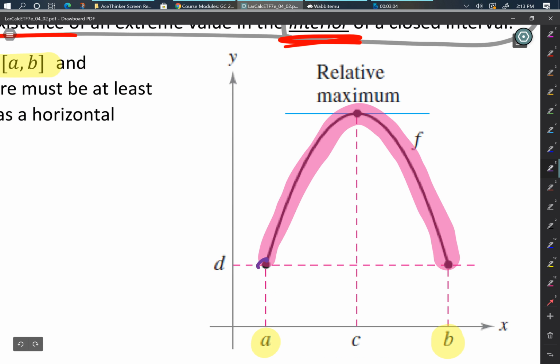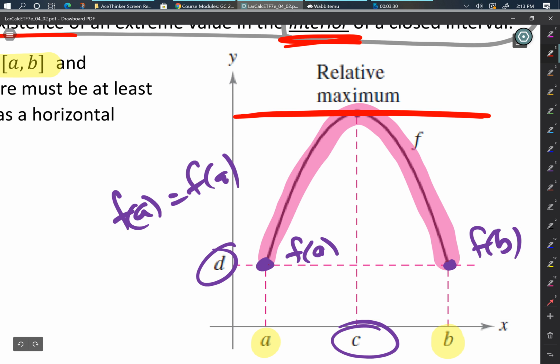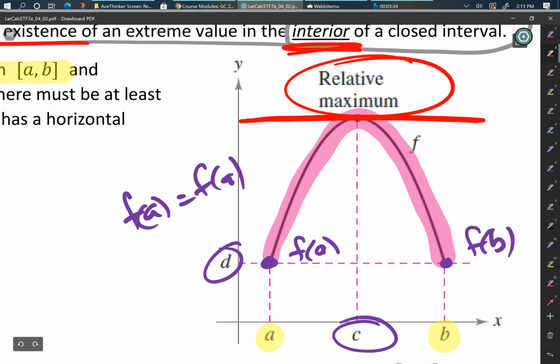And the starting point, the f of a value, and the ending point, the f of b value, are the same. If that is true, then somewhere between a and b, in this case we're calling that letter c, you're going to get that horizontal tangent line. And in this drawing, that would be a relative maximum.